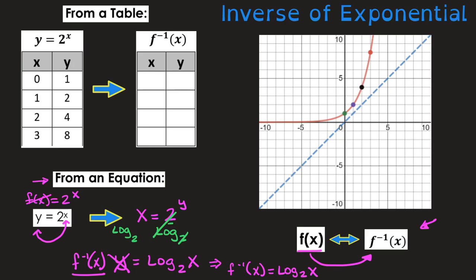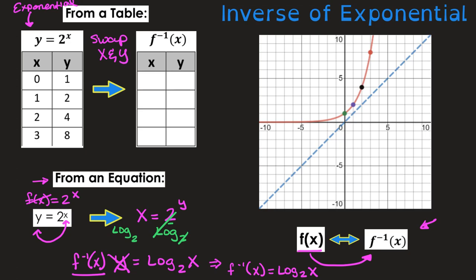All right, so moving on. If I'm given a function from a table, in the top left-hand corner of this section, if you'll notice here on the far left, this is our exponential function. On the right, I'm going to do the inverse. So I'm going to take these table data, these points or coordinates, and you're going to swap the x and y.